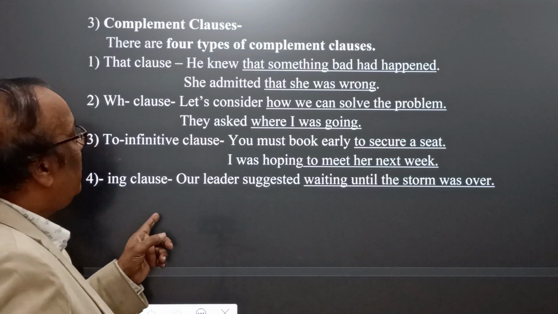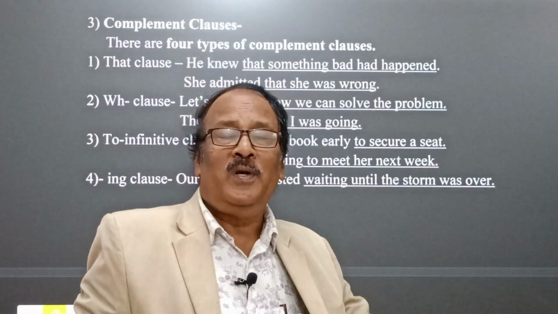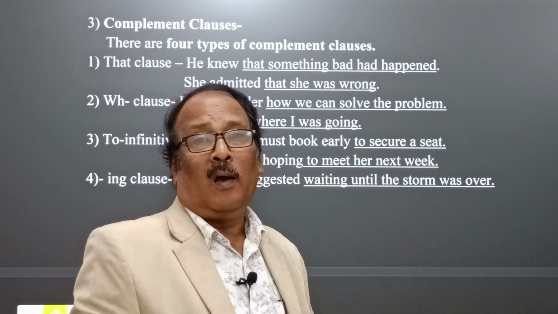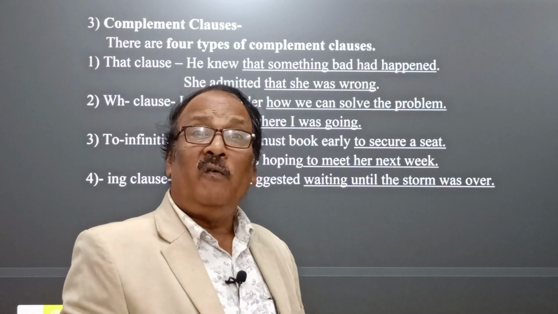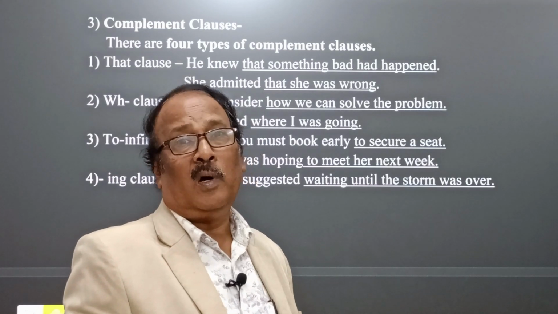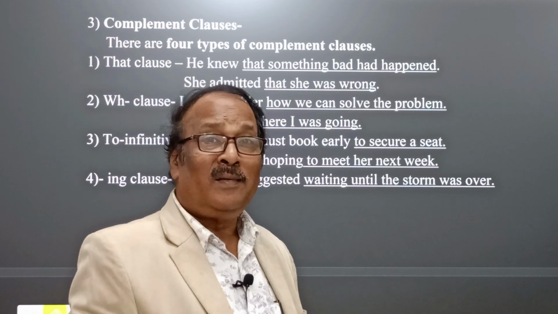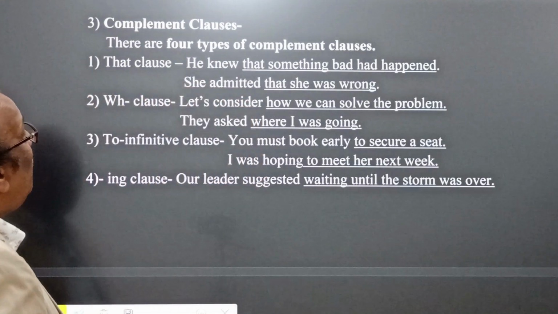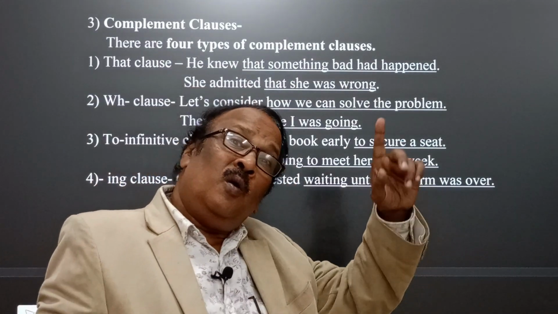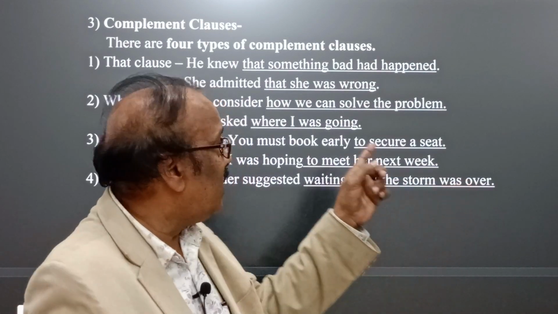This is also a very interesting factor. What we discussed in the last class, clause, is also a very important segment of our fundamental grammar discussion. And here we find complement clause. It means this clause also complements what? Noun or pronoun. How? Listen.